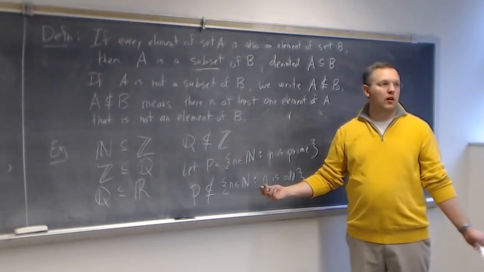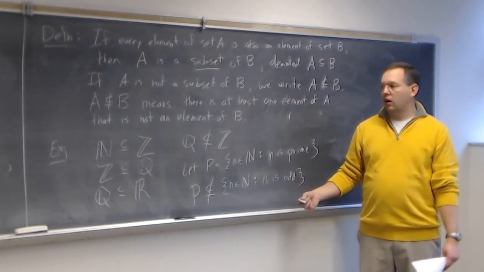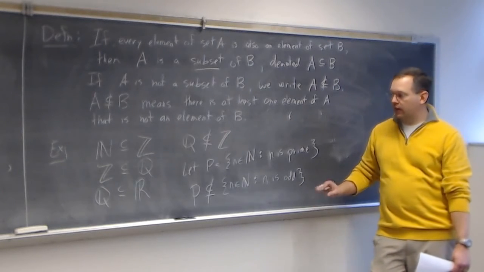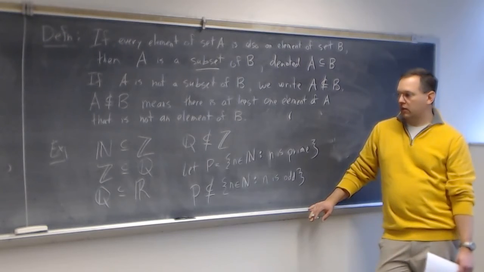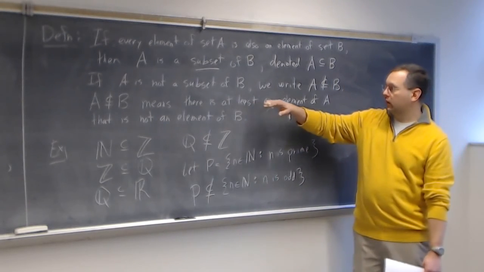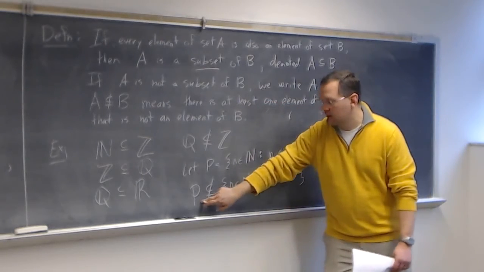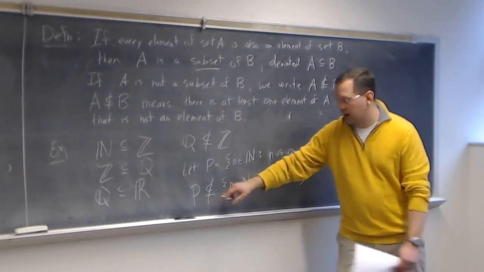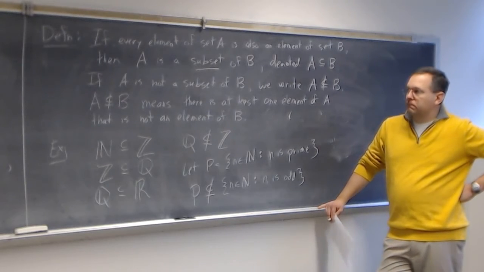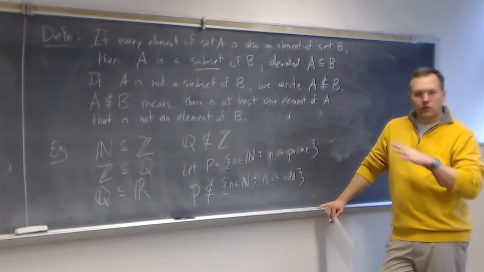So they're not all odd. Almost every prime number is odd. In fact, an infinite number of prime numbers are odd, all of them except for 2. But that's all we need. We only need one element of this set to not be in the other set in order to say that P is not a subset. Okay? Any questions so far?